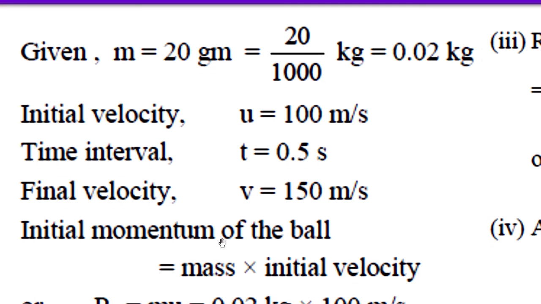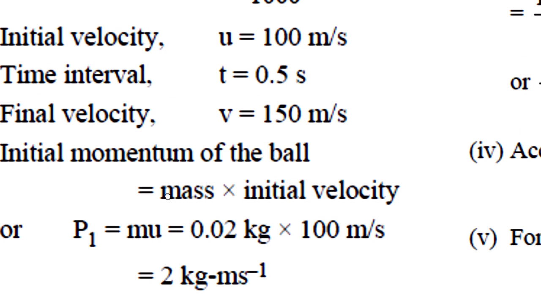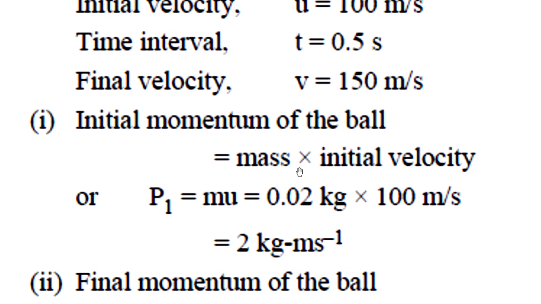Initial momentum of the ball means mass into initial velocity, where mass is m and initial velocity is u. So P = mu, where mass is 0.02 kg and initial velocity is 100 meters per second.